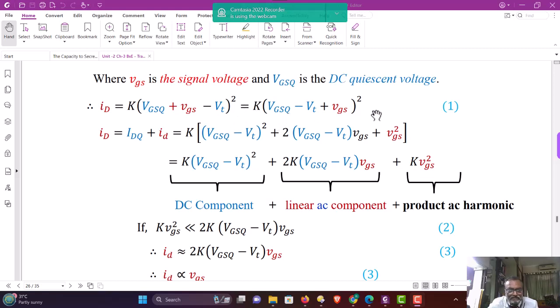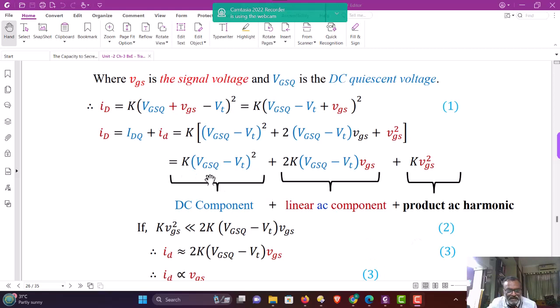Simplify the bracketed term. ID is equal to IDQ plus the AC quantity id, that is K into VGSQ minus VT squared, plus twice K into VGSQ minus VT into vgs, plus K into vgs squared. This is the (A plus B) whole squared expansion. You have to solve it and separate out the terms. The DC terms are separated and the AC terms are separated.